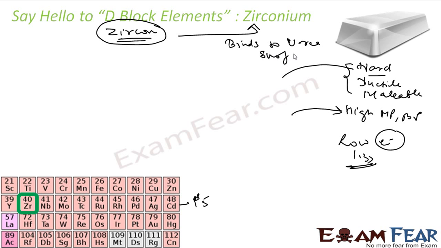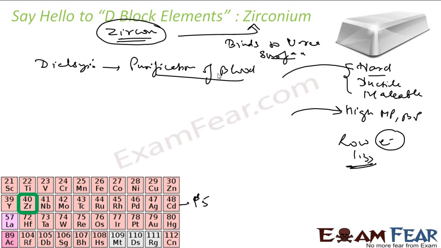So if you understand the dialysis process, dialysis is nothing but purification of blood. Typically blood is purified by the kidney, but if your kidney is not working properly, then the urea content in the blood increases.